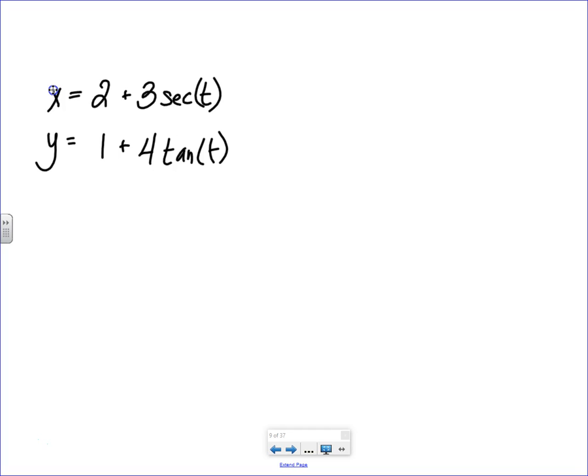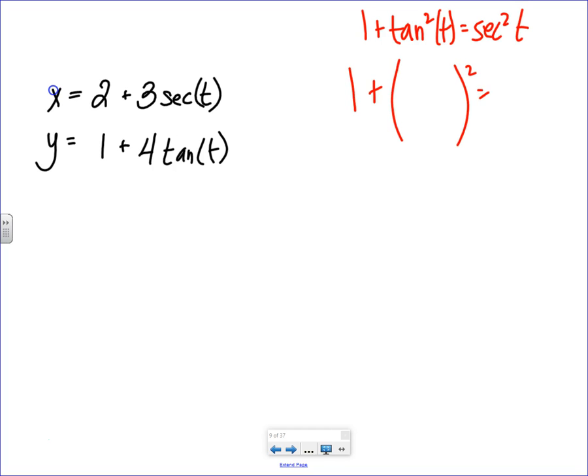All right, what's the weapon? If you want to change the square, use secant squared, or tangent t. So what'd you have to do? Get the tangent alone. How would you get the tangent alone? That's okay, algebra.